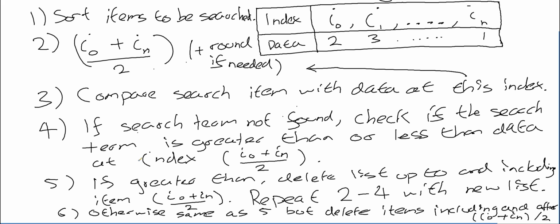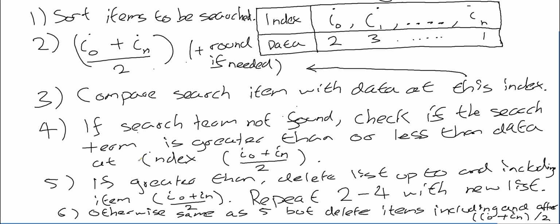So we're left with just the items up to I0 plus IN over 2 in our remaining list. Then we repeat that process for the new list until we find the item that we're looking for, or until we've searched the entire list.